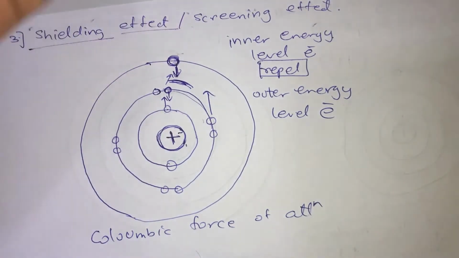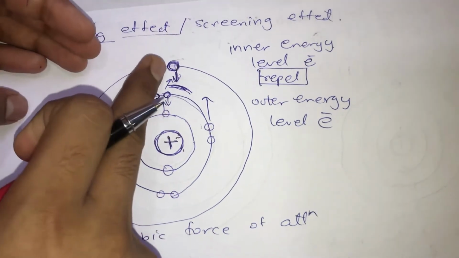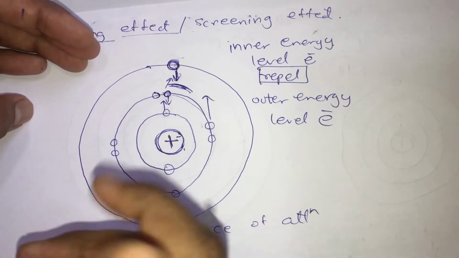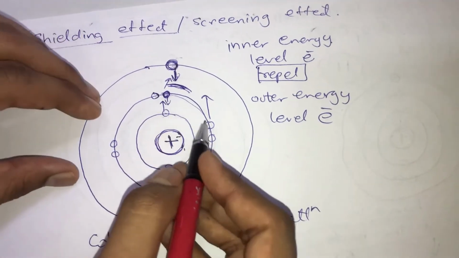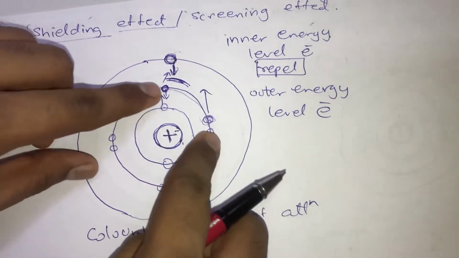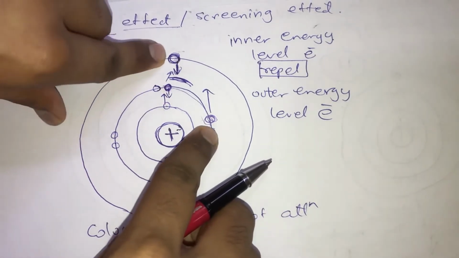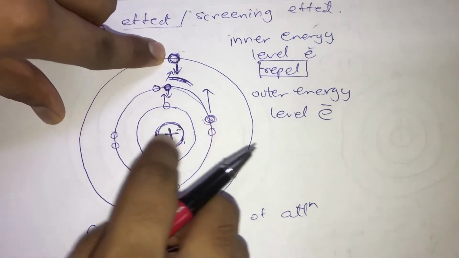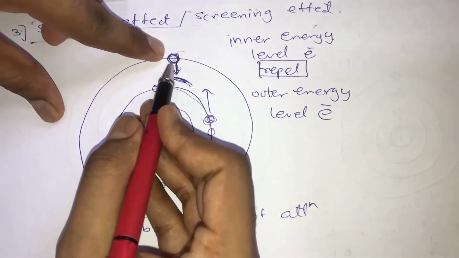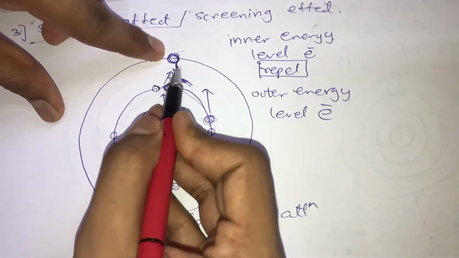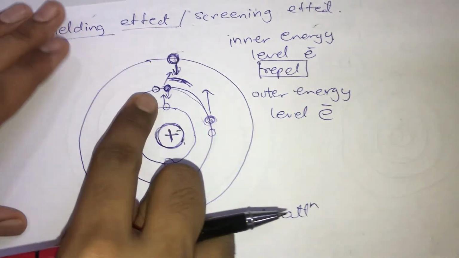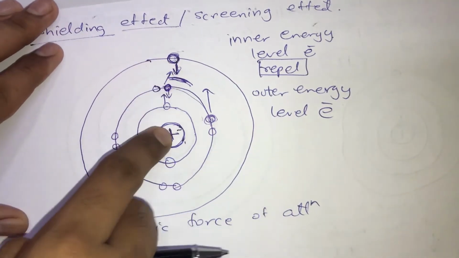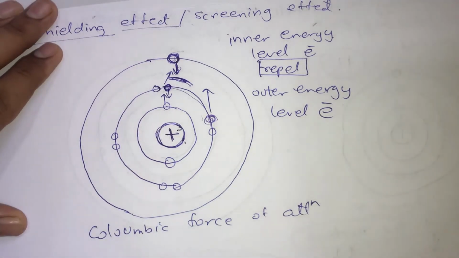The nucleus is trying to pull this negatively charged electron towards itself, but the electrons in the inner energy levels are acting like a shield for this third energy level electron, and they are not allowing it to come near to the nucleus. They are trying to push it away and help it to not get pulled towards the nucleus.